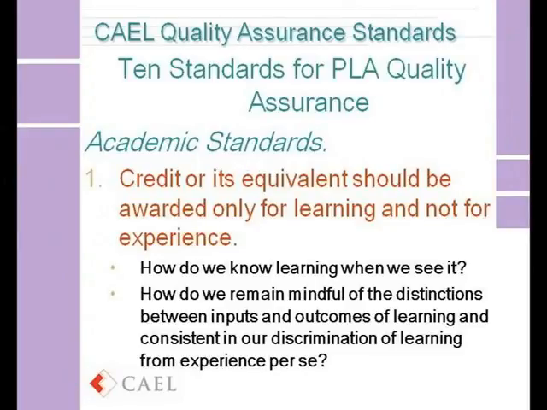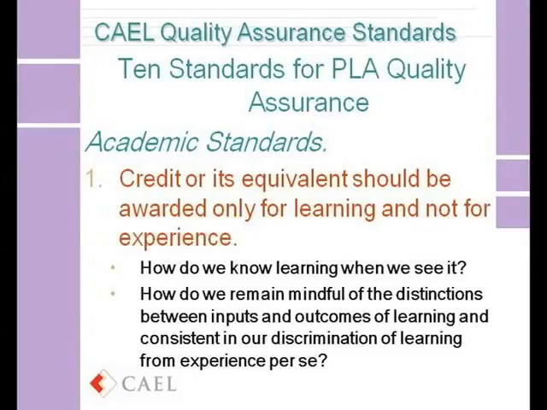So let's start with standard number 1, which often people will say is the most important standard, but actually they're all very important. This one is number 1 probably because so many people agree that it's critical. Credit or its equivalent should be awarded only for learning and not for experience. We can't emphasize that enough.